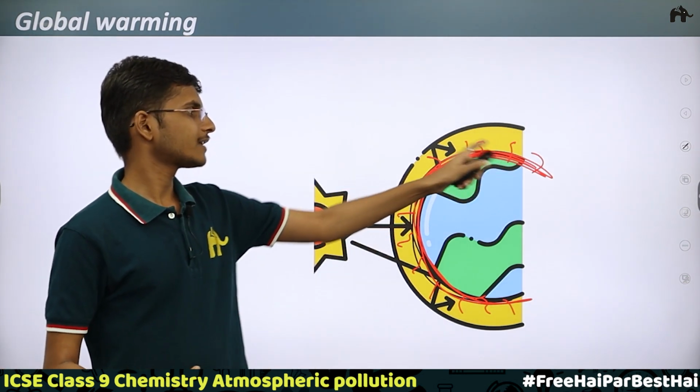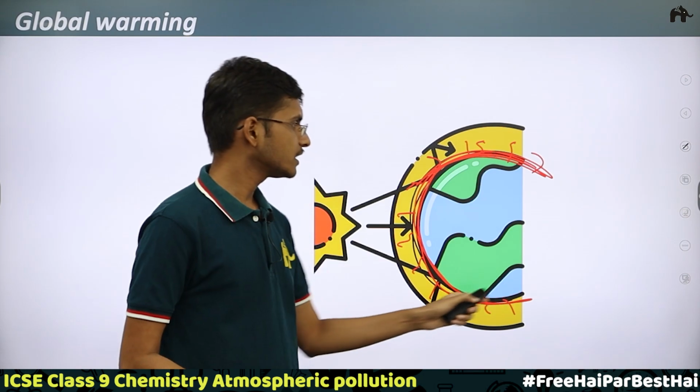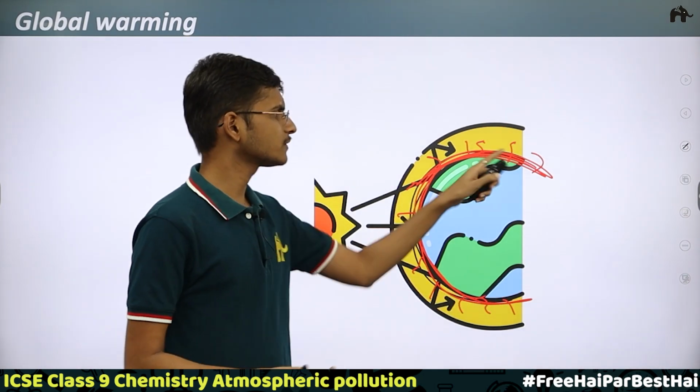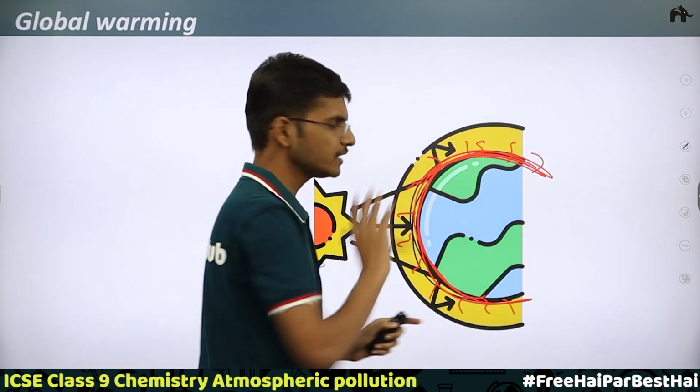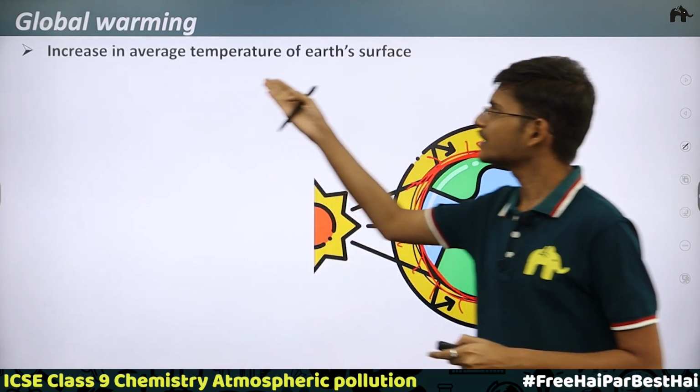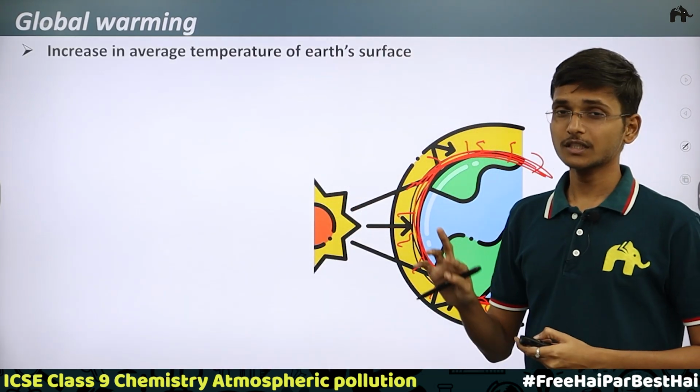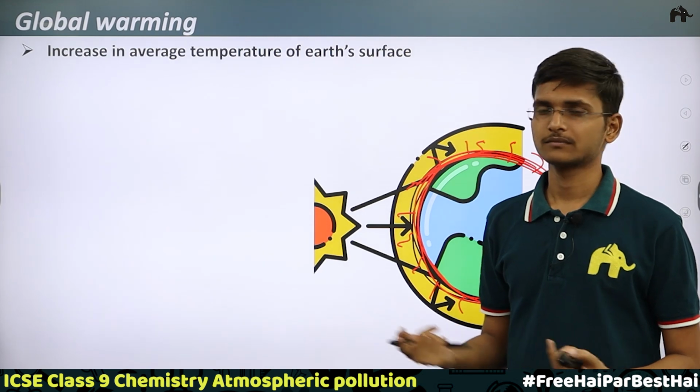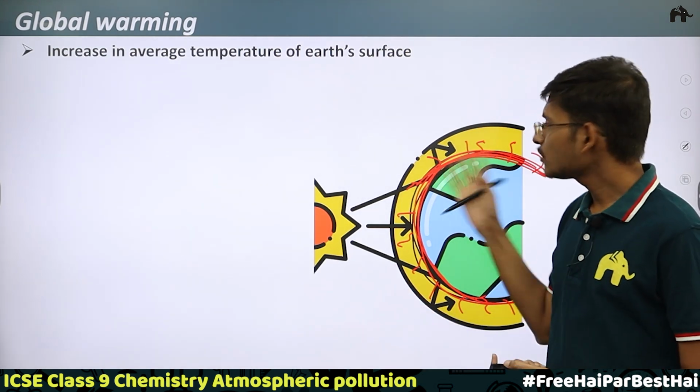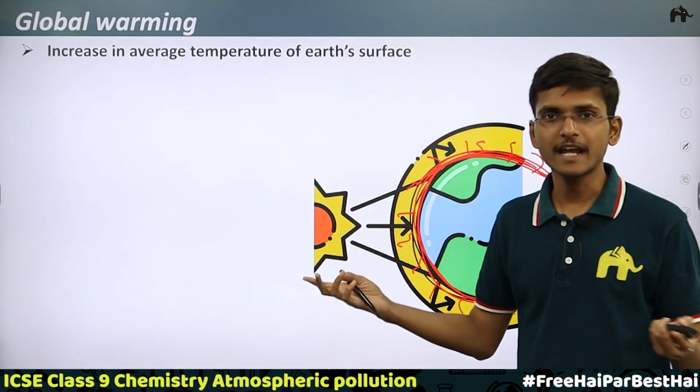So simply the rise in the average temperature of the Earth's surface is global warming. Now, why is this taking place? We all know the greenhouse effect is in effect naturally.